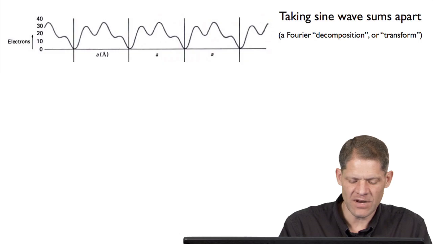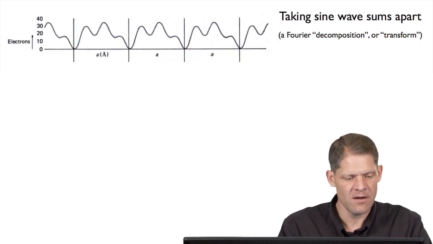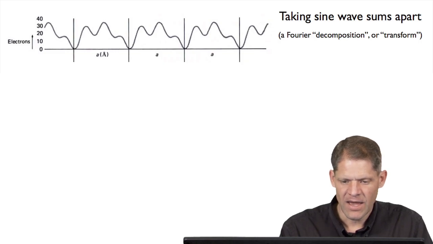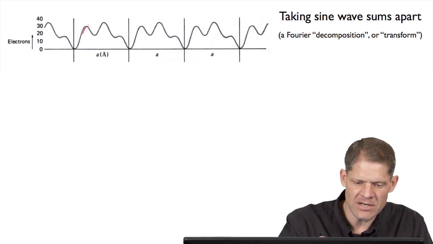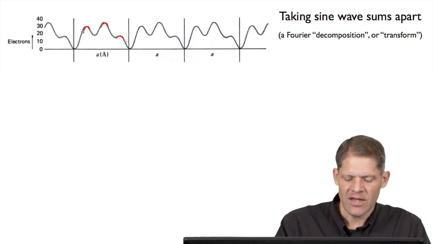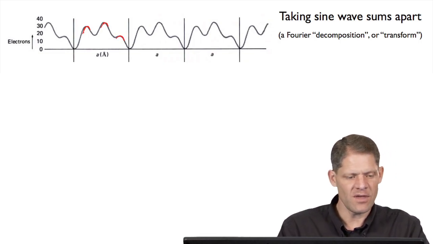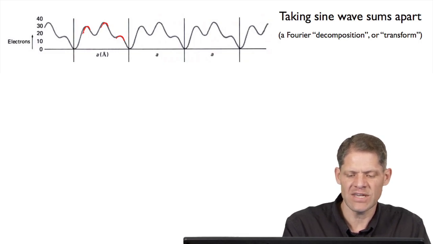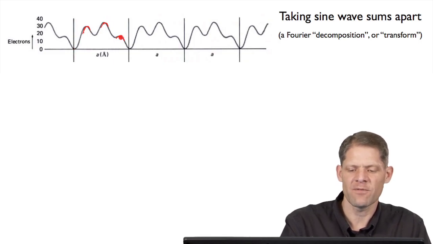And so you can see it's going to add a little bit of density there. It's going to add extra density here, here, and here. And it turns out that's just what we need to match this little peak, that little peak, and this little peak. And so if you add this wave, and this wave, and this wave together, you get this wave.